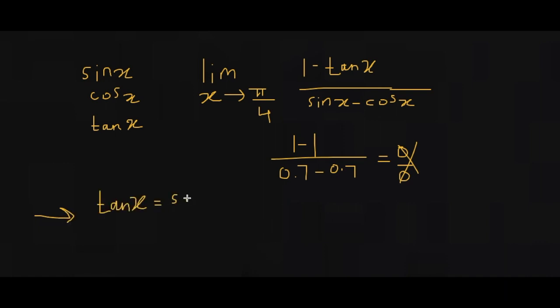One common trig identity is that tan of x is equal to the sine of x over cos of x. We are going to use this simple identity. Instead of tan of x, we have sine of x over cos of x. And I'm going to leave the bottom as it is.